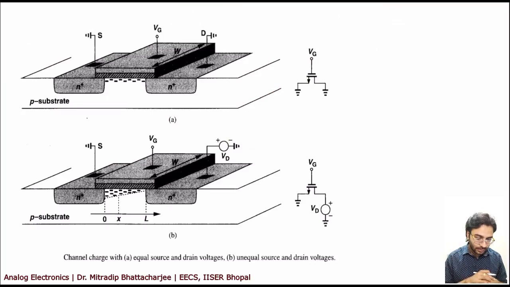Then this is your MOS device. So it has source, gate and drain. It also has a fourth terminal, which is known as the substrate.